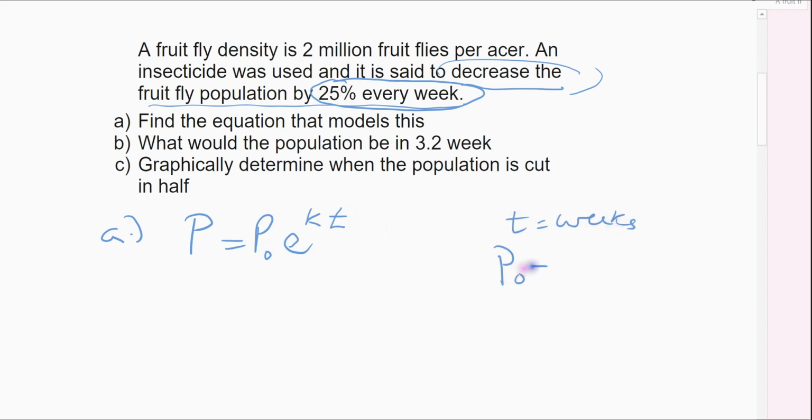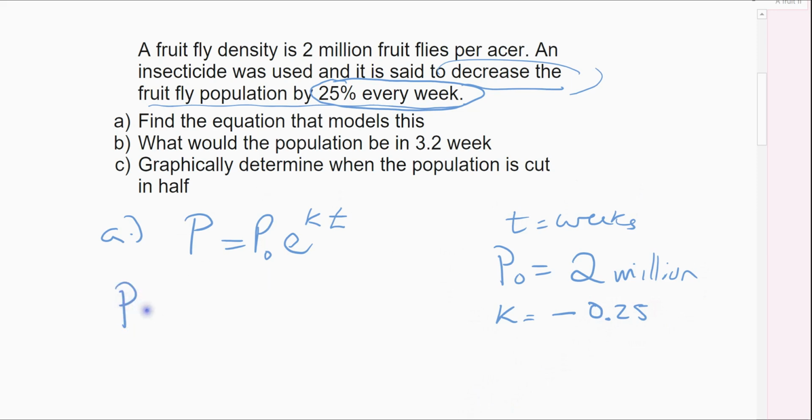My initial population, I'm going to leave as 2. I'm going to leave it in millions. And k, since the population decreases, is negative 0.25. We always write it as a decimal. So there's all the parts that I need in order to plug into my equation.